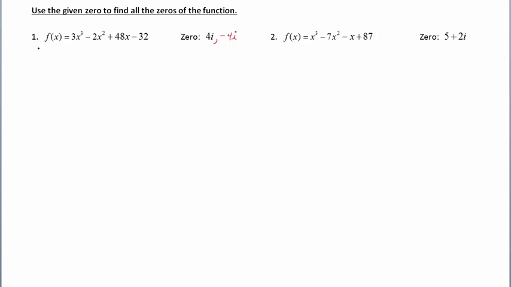Well, we're going to write out the steps. First, we're going to write the factors for these 2 zeros. So we know x minus 4i and x plus 4i are 2 factors.